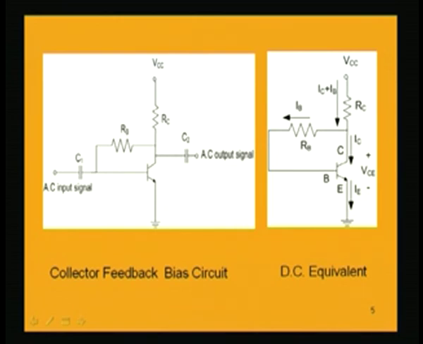So, in order to validly follow the loop, the incoming current into this transistor must be equal to the outgoing current.